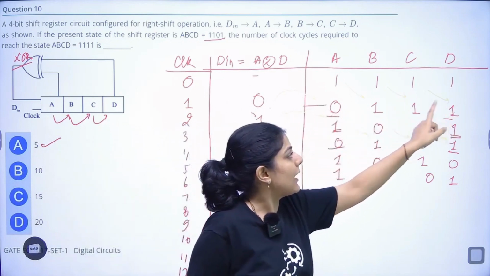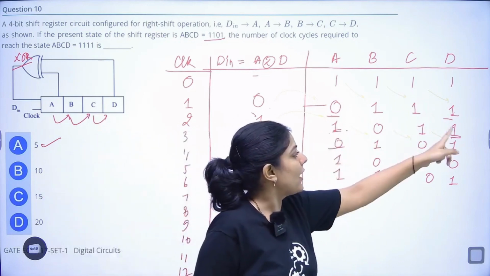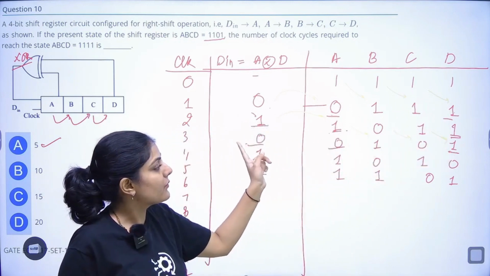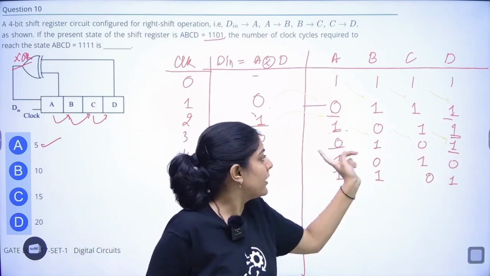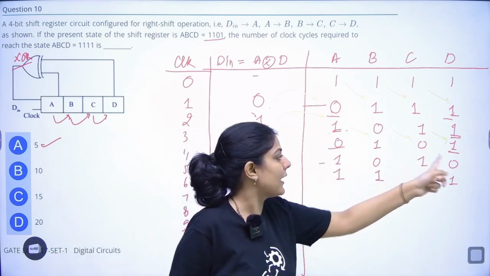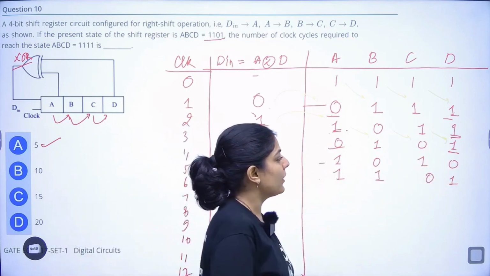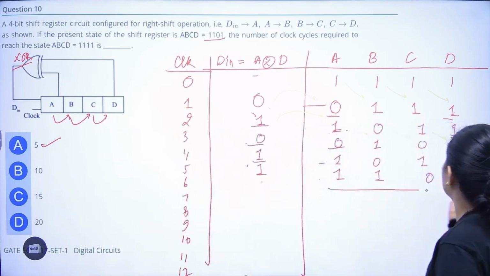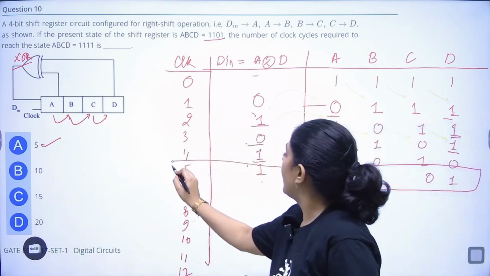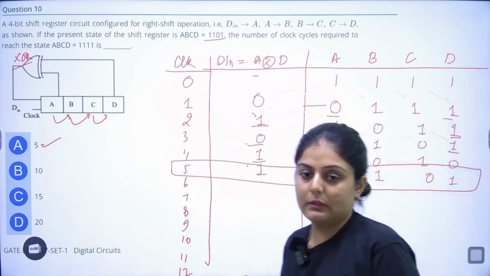Again, 0 and 1 become XOR, it becomes 1 and it shifts. 1 and 1 become XOR, it becomes 0 and shifts. Again, 0 and 1 become XOR, it will be 1 and shifts. 1 and 0 XOR is 1, and it shifts, and it gives the correct sequence which was asked, after how many clock pulses? After 5 clock pulses.